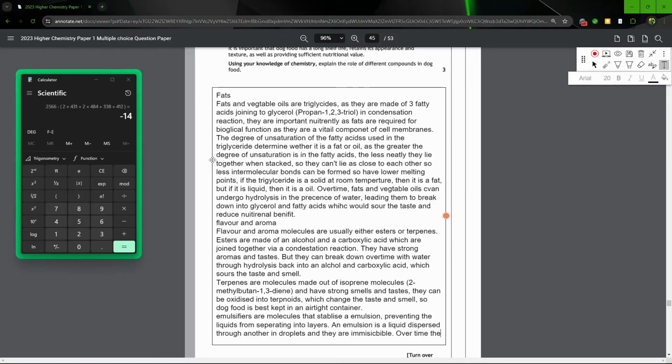Over time, the emulsion will collapse and the liquids will separate into layers, which would change the texture of the food.